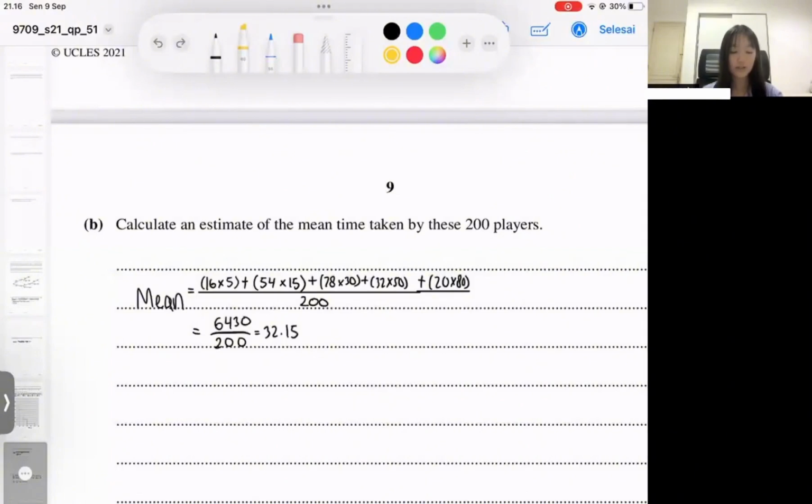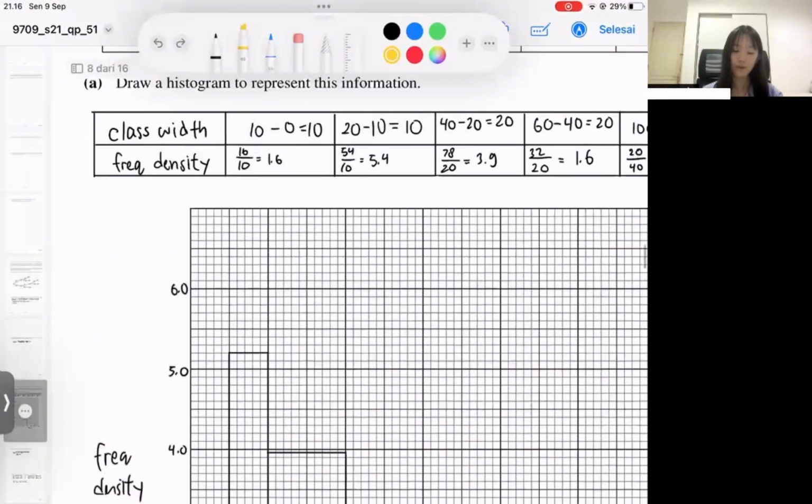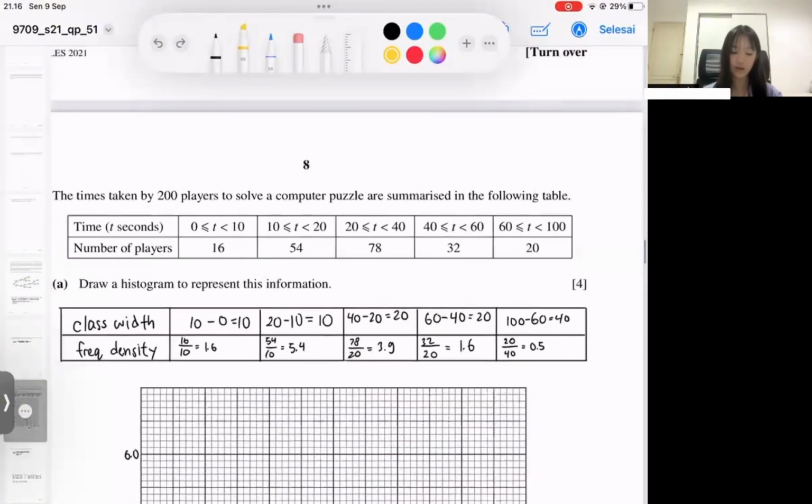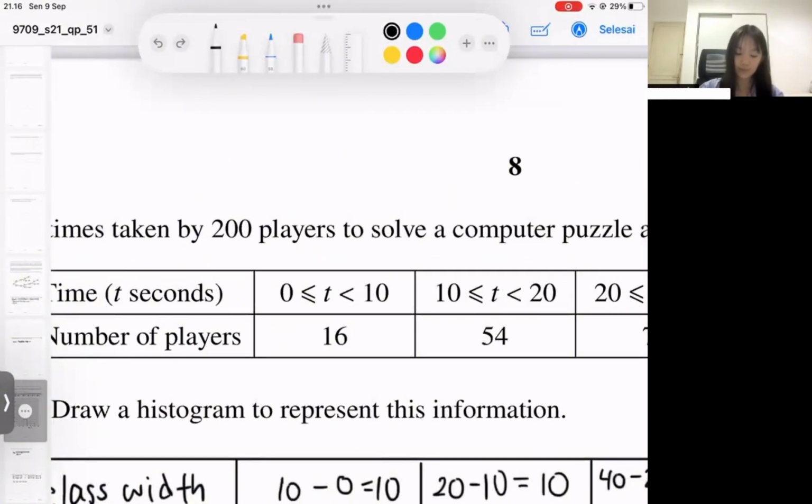Five B. Calculate an estimate of the mean time taken by these 200 players. In order to find the mean, we need to first find the mid value for each of these ranges. How do we find this mid value? We just add up the largest number with the smallest number divided by 2.